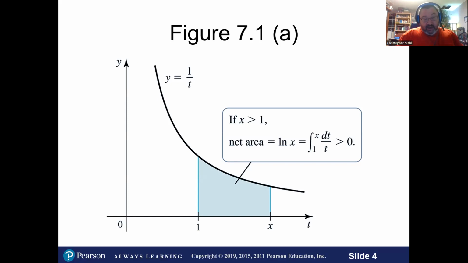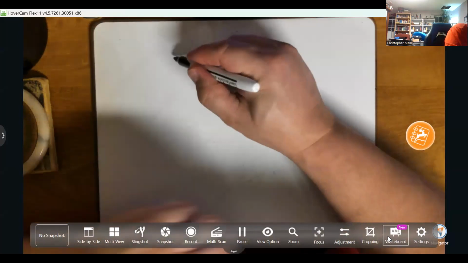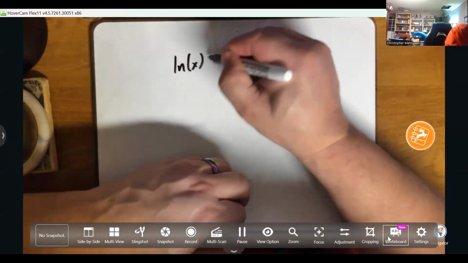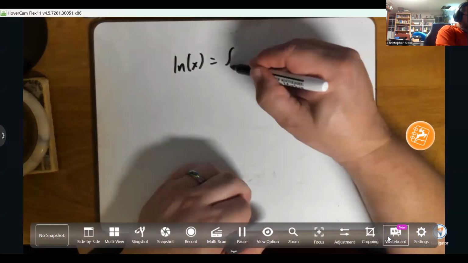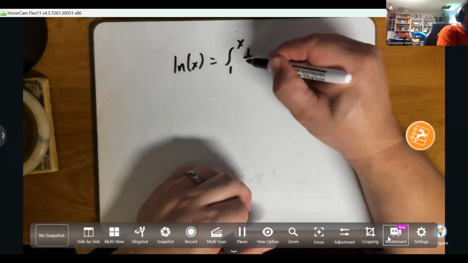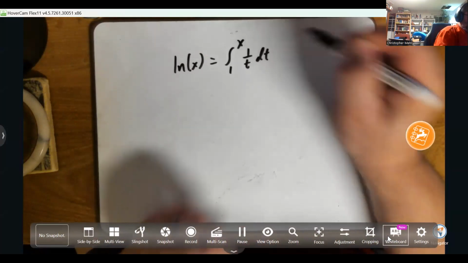Now, another thing that comes out of that is you'll recall the fundamental theorem of calculus. So if we jump back to the whiteboard here and look at the natural log of x a little more, we're saying we can define the natural log of x as this integral function, the integral from 1 to x of 1 over t dt.